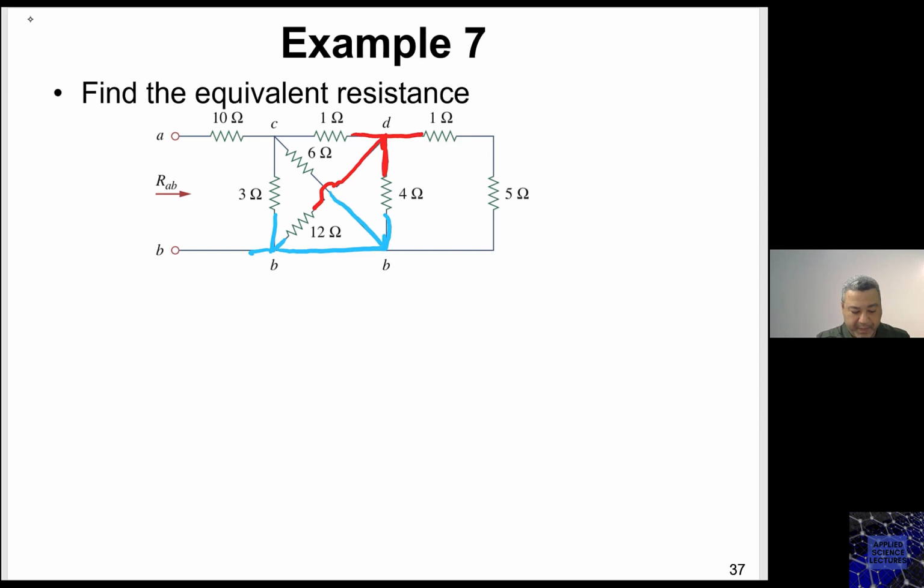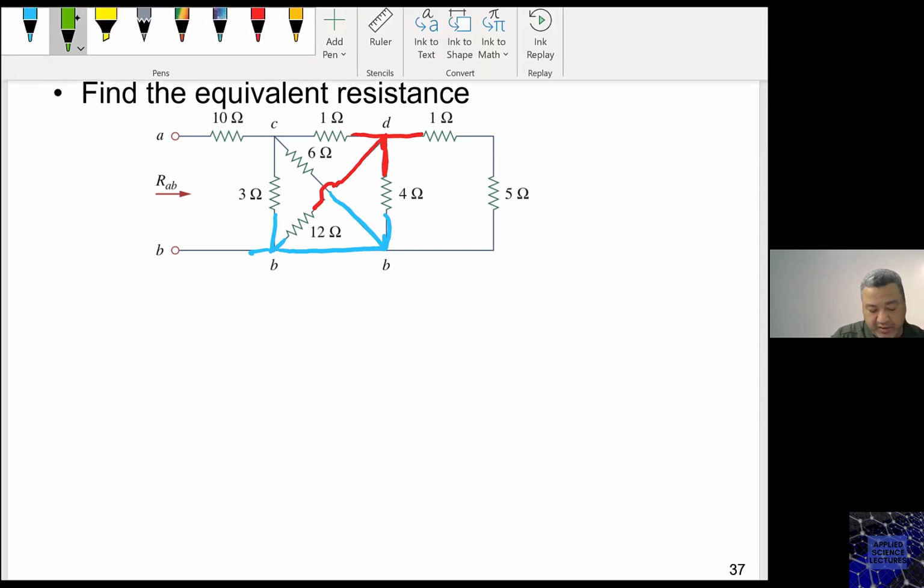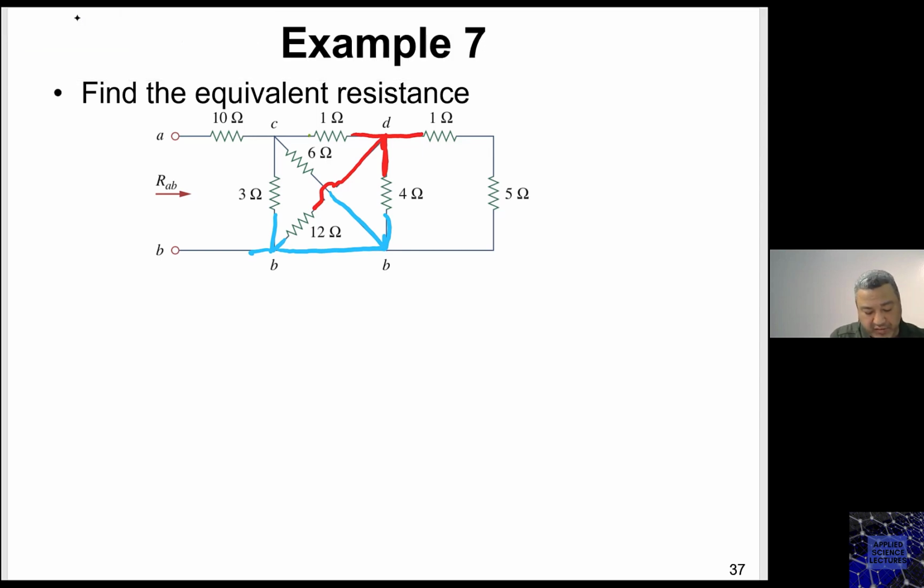So you can see that the resistor 12 and the resistor 4, both of them are connected to the red and the blue. What does this mean? Although we're seeing a cross here, this cross basically doesn't connect anything, but this 12 ohm resistor is indeed connected with the 4 ohm. So let me do the other node here in a different color.